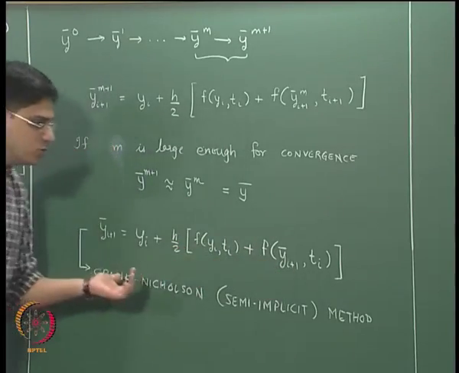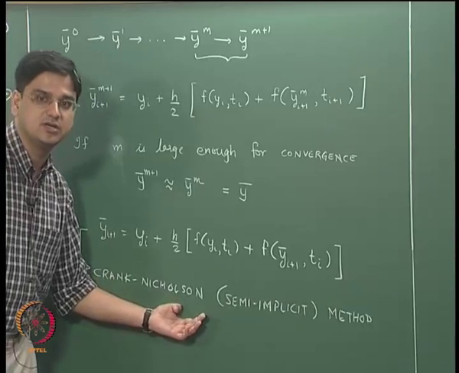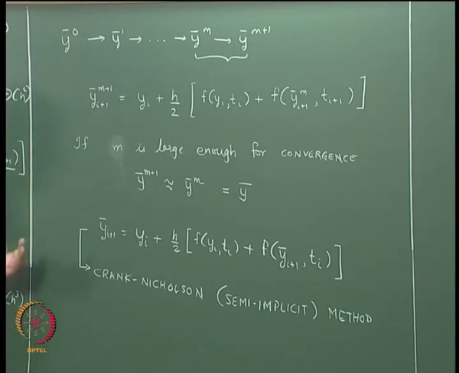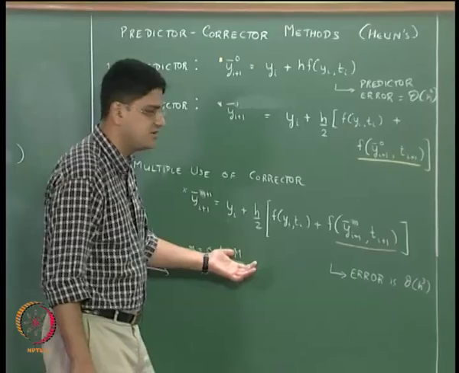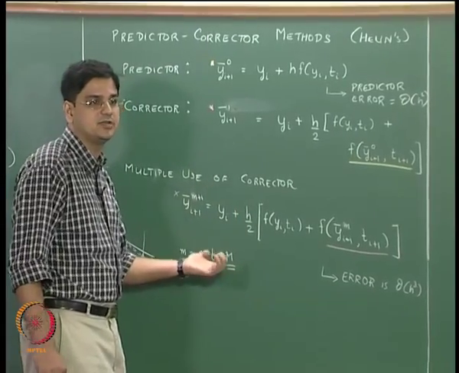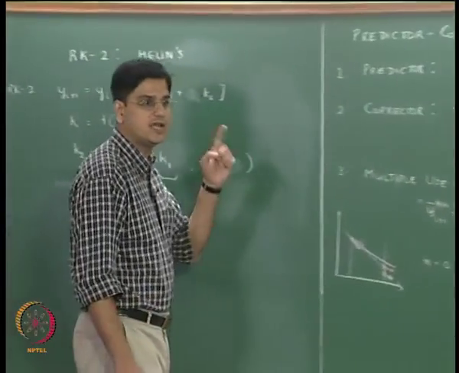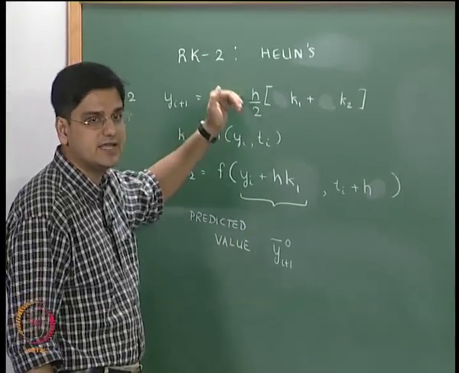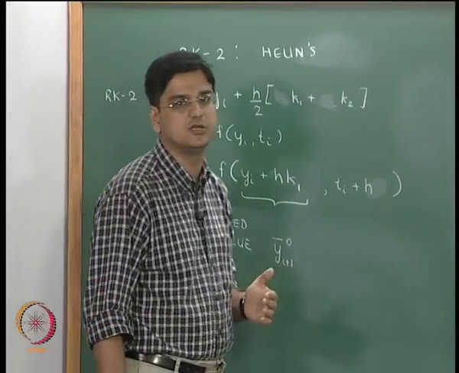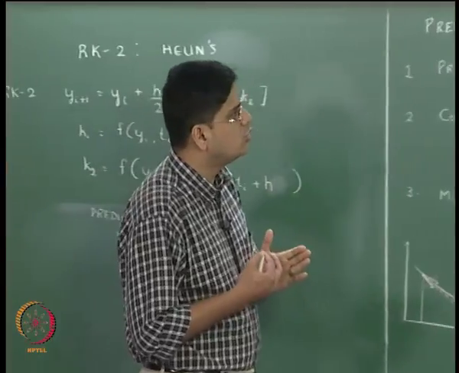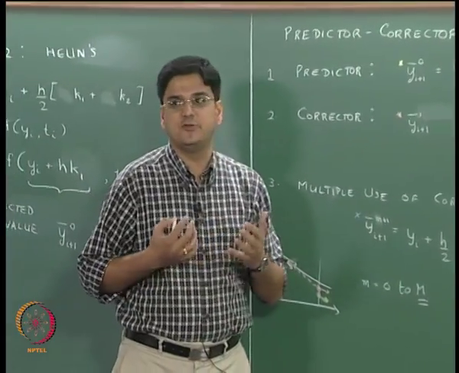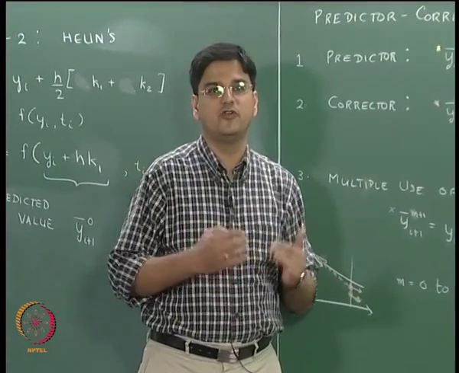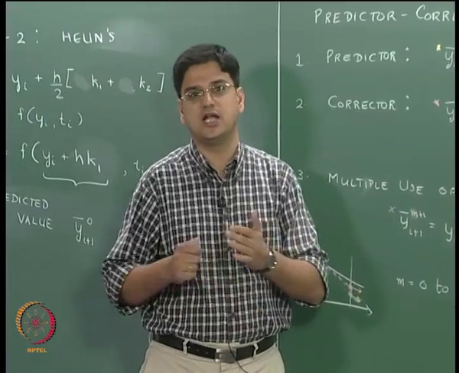If we actually do that, we will get Crank-Nicholson method. If we stop at a finite number of iterations, we will get the predictor-corrector method. If we stop only in the first step, not doing any iterations of the corrector, we will get the RK2 Heun's method.